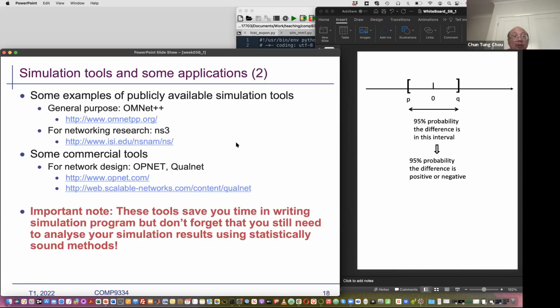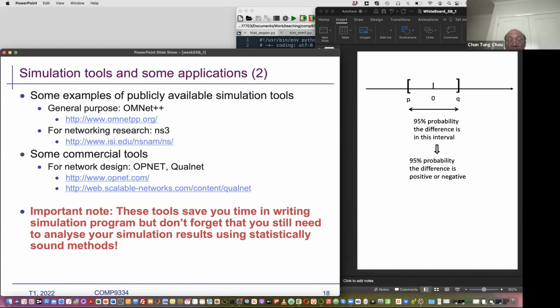There are quite a lot of tools that can help you write computer programs, that is, simulations. But the message that I want to give you is that doing simulation is not just about writing a computer program.